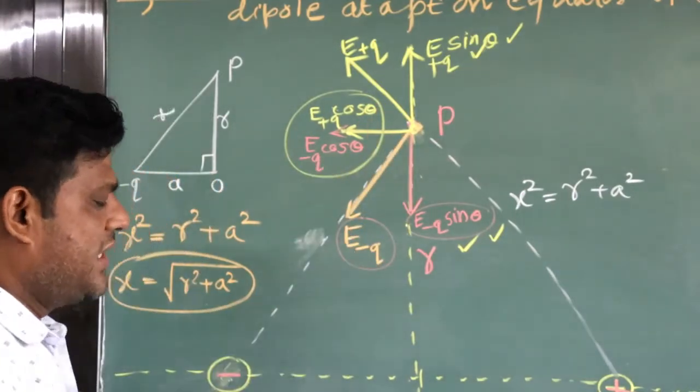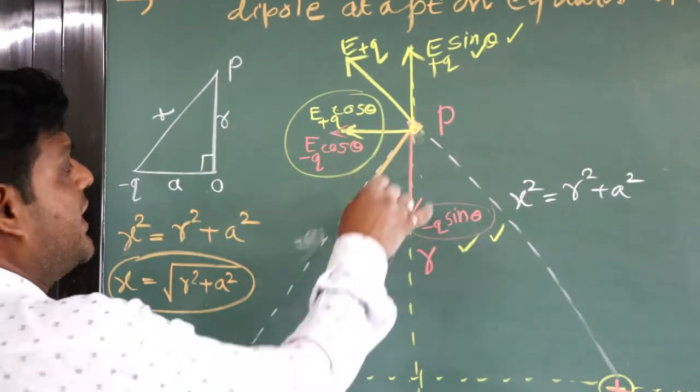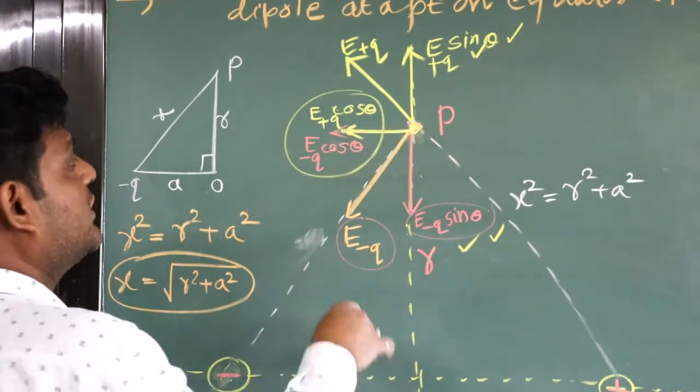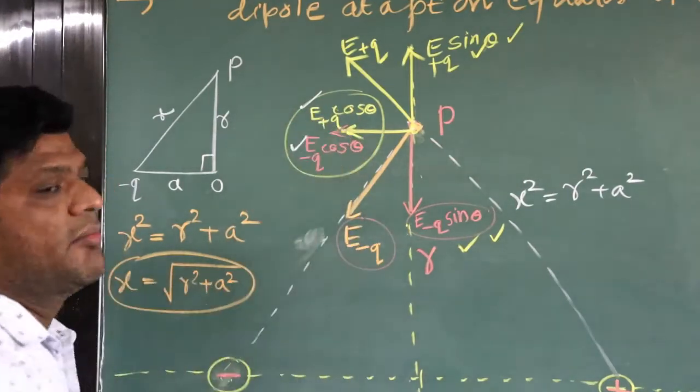So mathematically, how will we write the total electric field at point P due to this component and this component only?